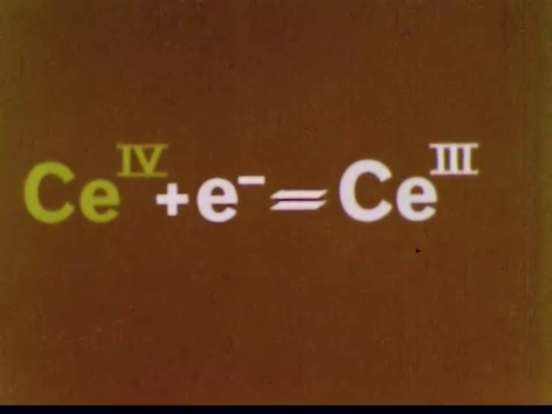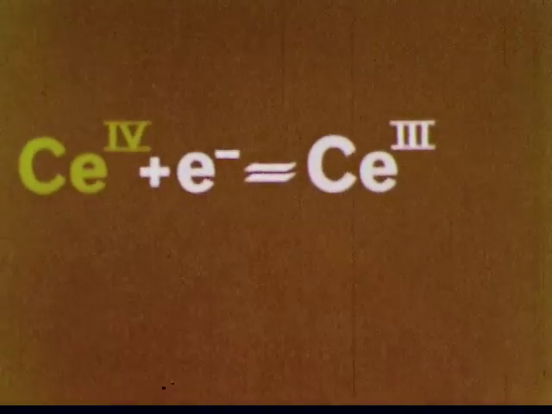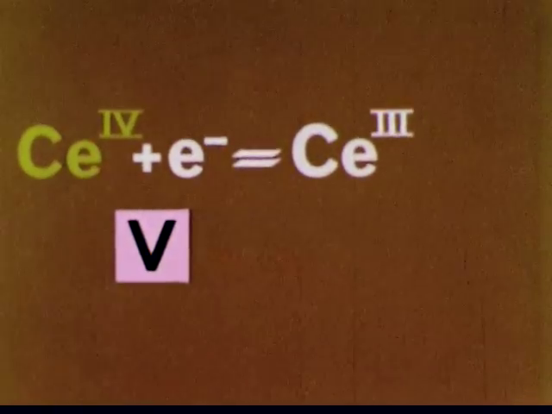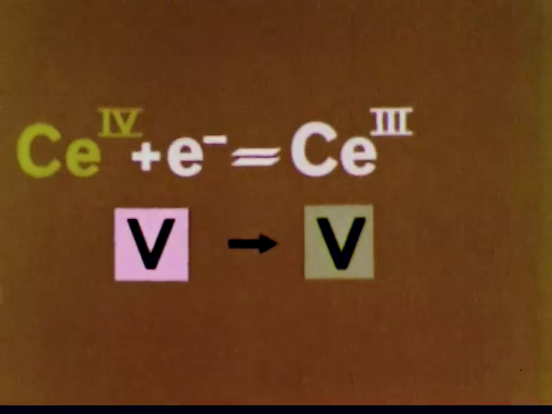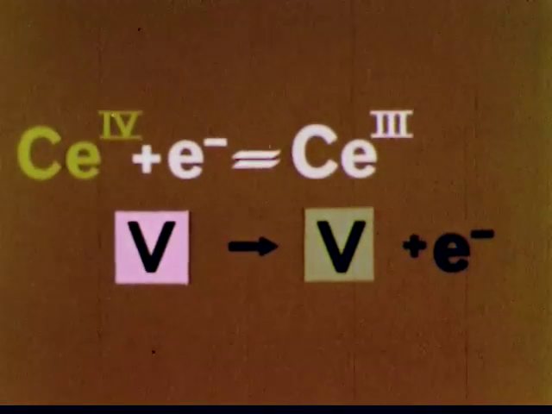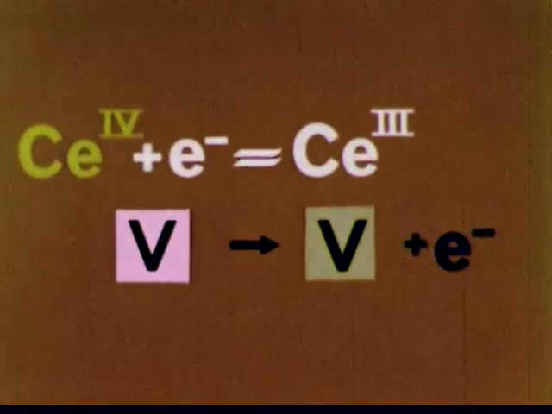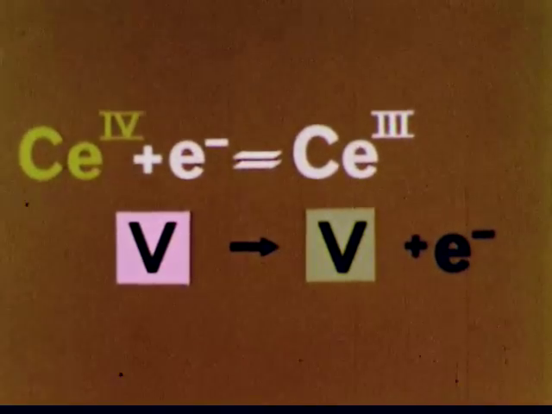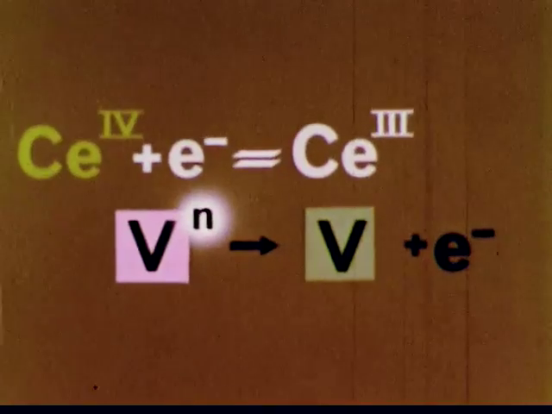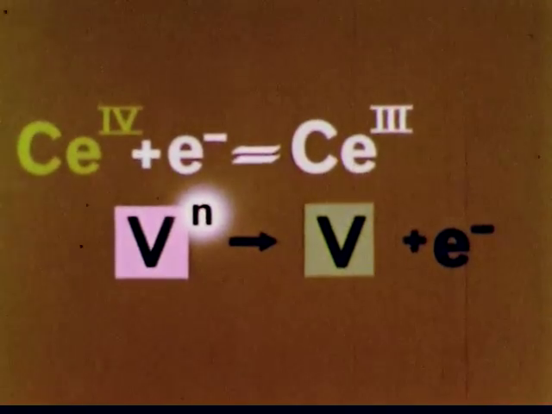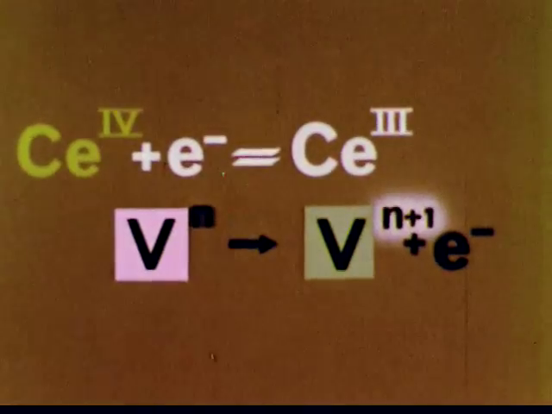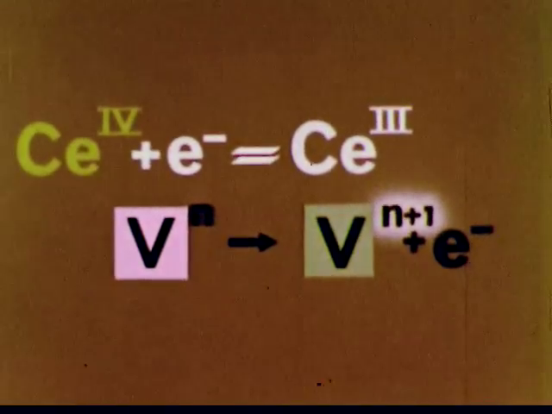Since each mole of cerium ion has gained a mole of electrons, each mole of violet vanadium has formed a mole of green vanadium by yielding a mole of electrons. If we call the unknown oxidation state of violet vanadium N, that of green vanadium must be N+1. They differ by 1 electron per atom, or 1 oxidation number.